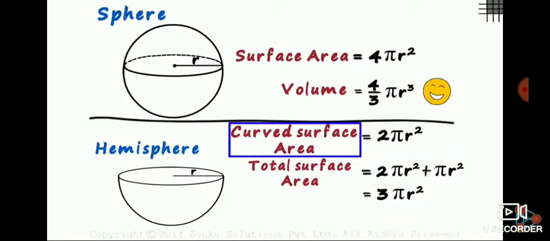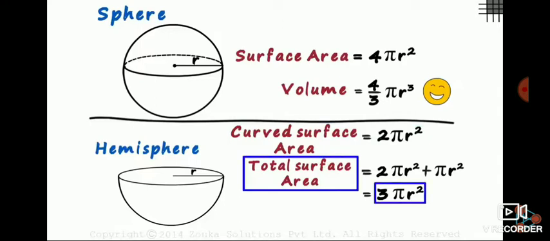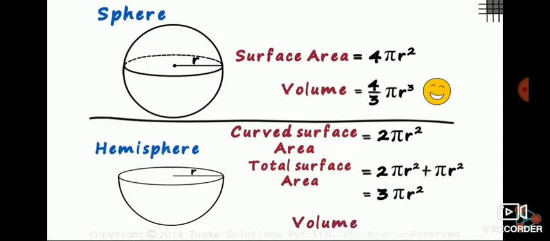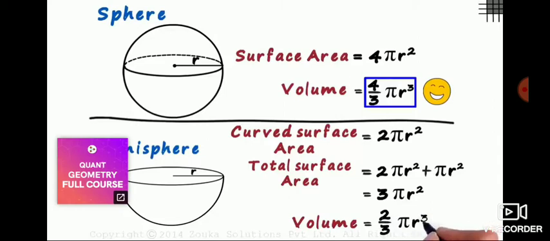So the curved surface area is 2 pi r squared and the total surface area is 3 pi r squared. What about its volume? Again, the volume of the hemisphere will be exactly half that of the volume of the sphere. Dividing this by 2, we get 2 by 3 pi r cubed.